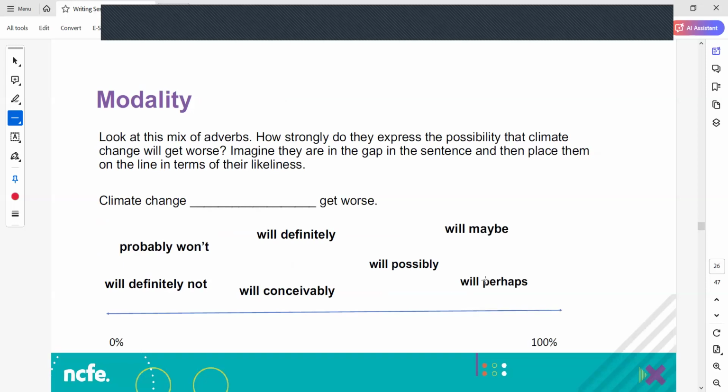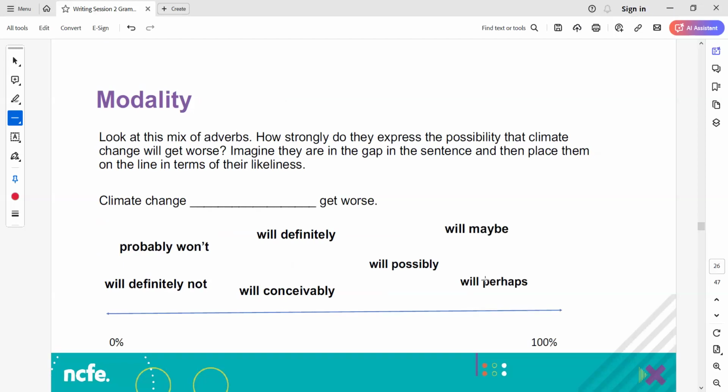So we've got a mix of adverbs here. How strongly do they express the possibility that climate change will get worse? If we look at that sentence with a gap, climate change, blank, get worse, we can use one of these adverbs to put in that space, and the one we choose will determine how likely it is to get worse.